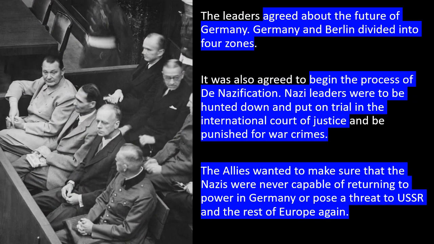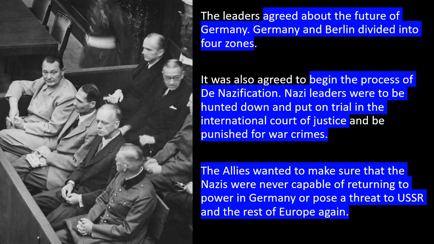I mentioned this as well about eliminating the Nazis. What we're talking about is a denazification process. Denazification. So all the Nazi leaders, members of the Nazi Party at all levels, were going to be hunted down, especially those that were infamous, and put on trial at Nuremberg, and they were. Many of them ended up with very long prison sentences or were executed for war crimes.